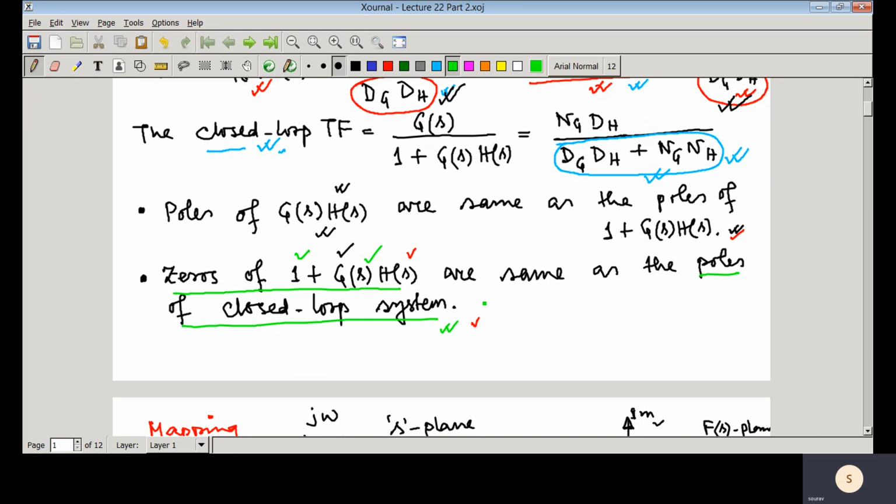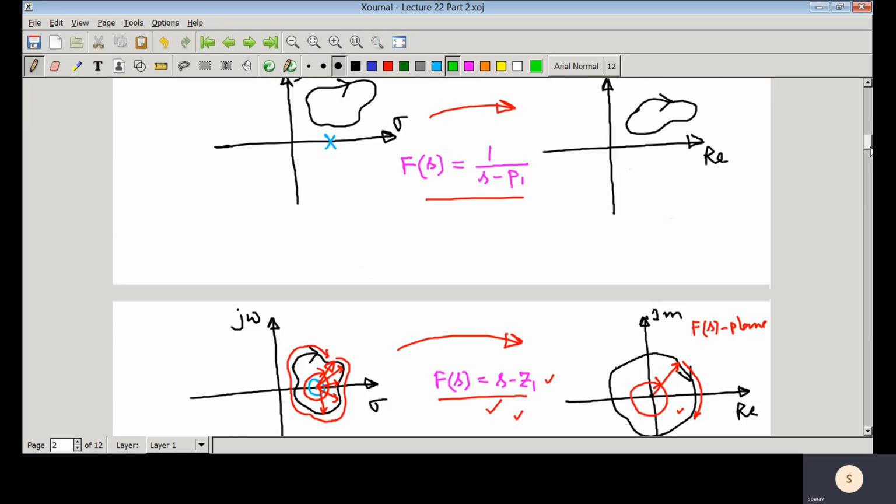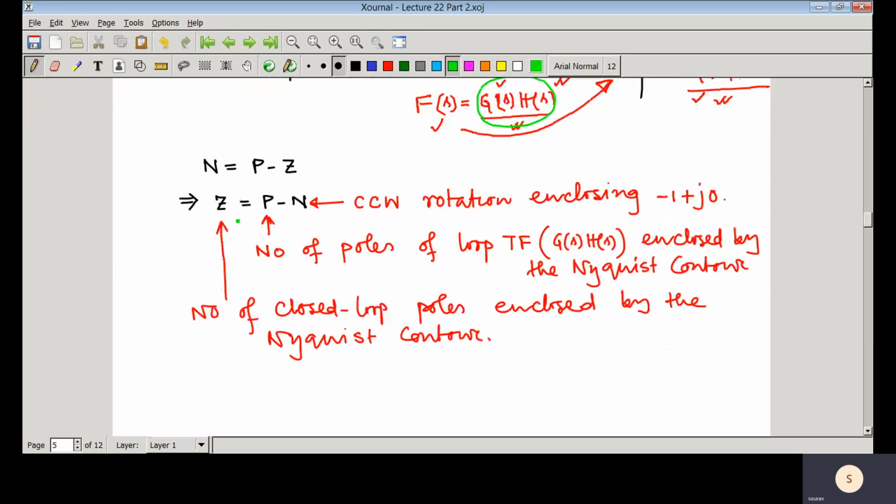When we map via G(s)H(s), the critical point becomes -1, which is effectively 1 + G(s)H(s). Then we have seen in the principle of argument that zeros of 1 + G(s)H(s) are nothing but the closed loop poles. So applying that concept, Z is actually the closed loop poles.